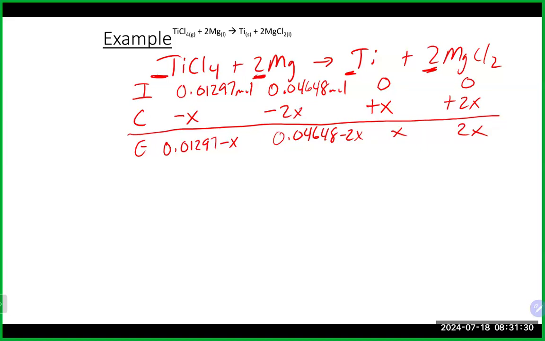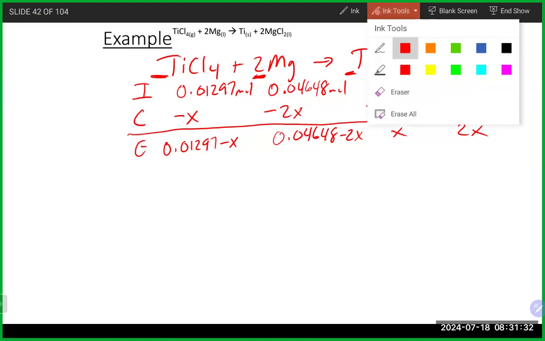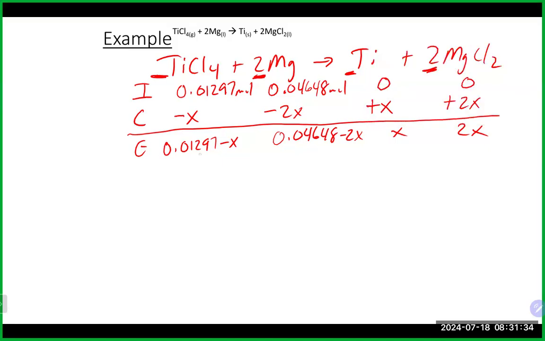So remember, at this point, this is where we can pretty quickly figure out our limiting reagent. We're going to set each of these equal to 0. And when we do, this first one is pretty simple. It's the same number, so that's going to be 0.01297 moles. Here, we're basically just going to divide by 2, as that will give us 2x equals 0.04648. So basically just going to divide it by 2.